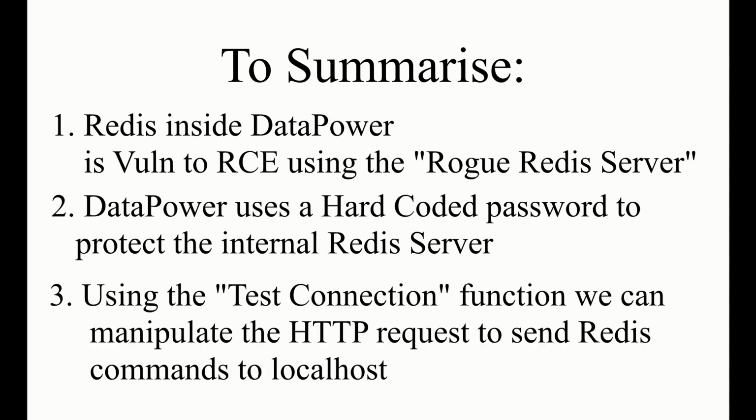And third and finally, we can manipulate and exploit the test connection function to inject Redis commands inside DataPower by fiddling with the HTTP request and force it to connect to localhost where the internal Redis server is listening.